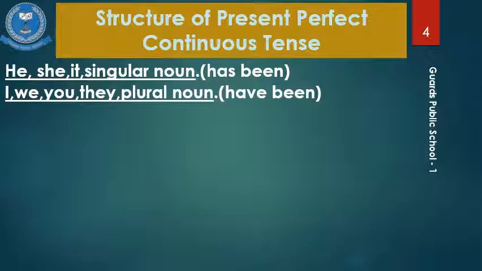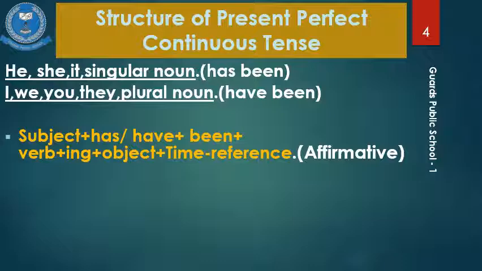In affirmative sentences, the subject is always written in the beginning, and after the subject, we write has or have, depending on the subject. Then we write been, and after been, we write the ing form of the verb. After the verb, we add the object, and definitely we have to use a time reference here.